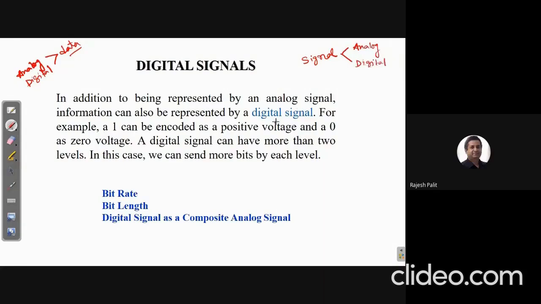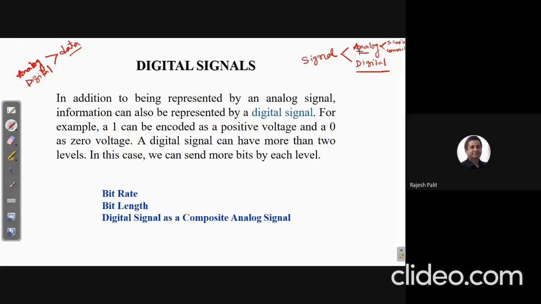Now let us discuss the digital signal. So far we have discussed the analog signal, the simple analog signal, which is the sine wave, and the composite analog signal, a mixture of simple sine waves of different amplitudes, different frequencies, or different phases.